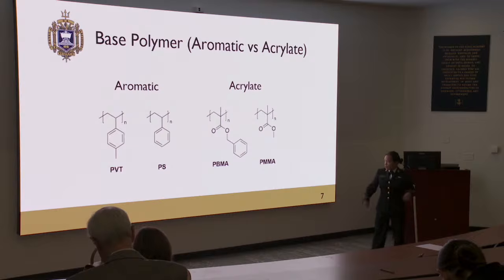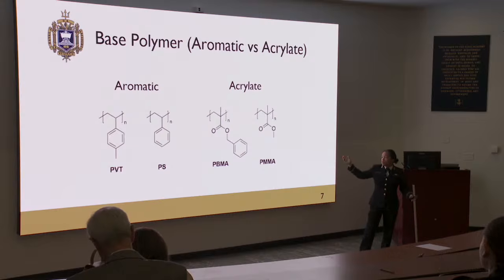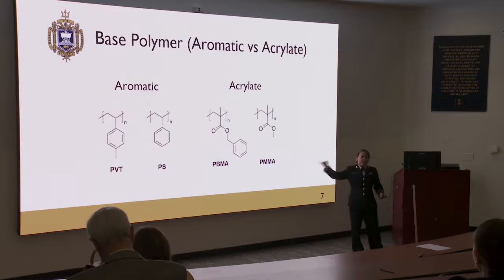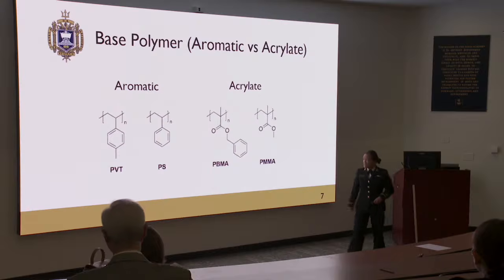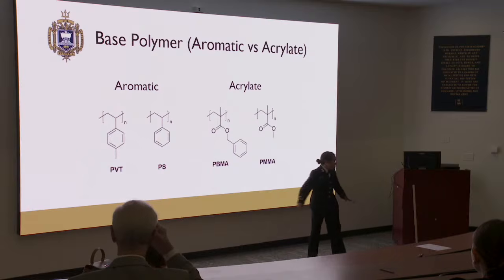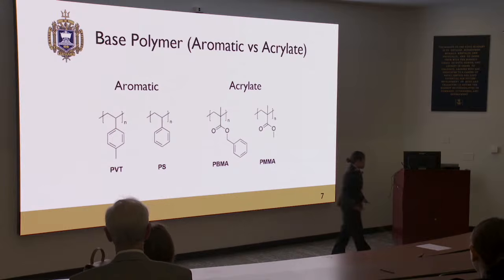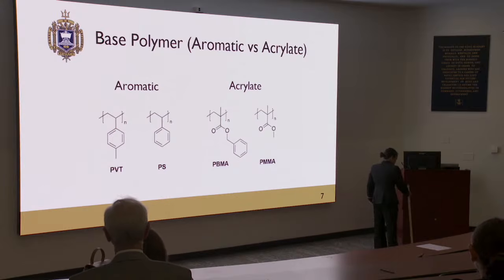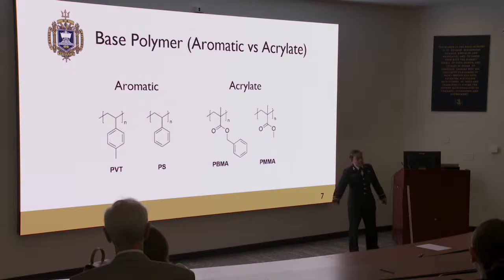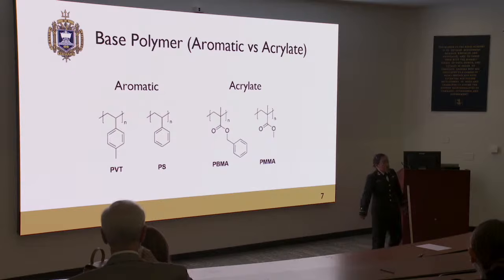So what am I talking about? On the left, out of our base polymers, we have PVT and PS. These are aromatic chemicals because they have a phenyl group, which is this hexagon. These phenyl groups absorb and transmit energy in a very, very efficient way.